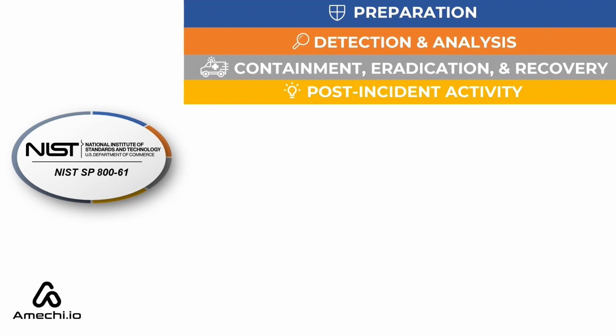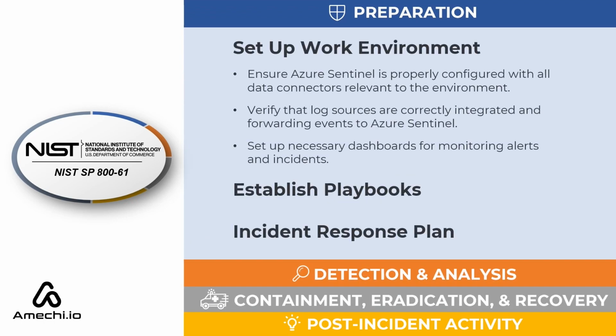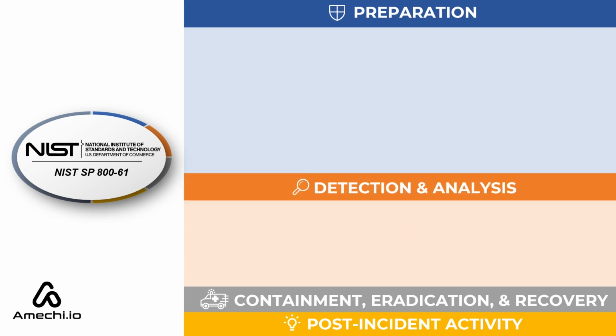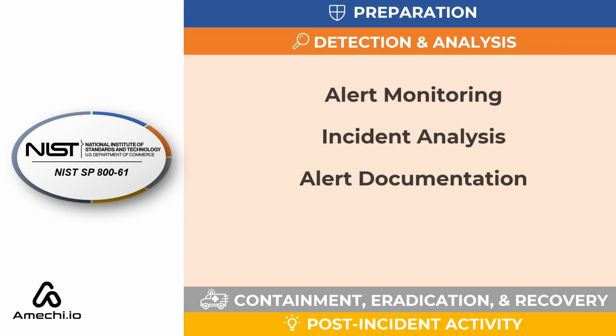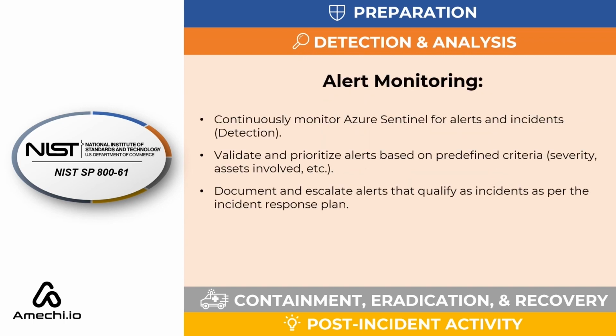post-incident activity. The preparation stage includes activities such as setting up the work environment, establishing playbooks, and creating an incident response plan. The detection and analysis stage includes things like alert monitoring, incident analysis, and alert documentation.